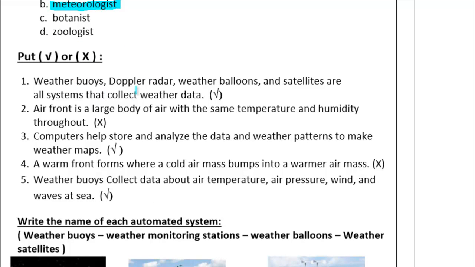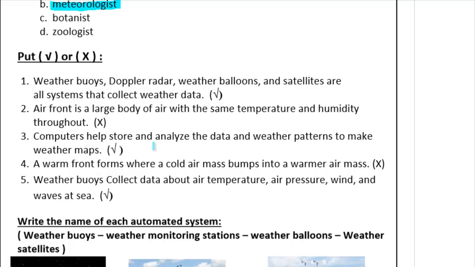Weather buoys, Doppler radar, weather balloons, and satellites are all systems that collect weather data, and this will be true. Number 2, air front is a large body of air with the same temperature and humidity throughout. No, the large body of air is called air masses, not air front, so this will be false.